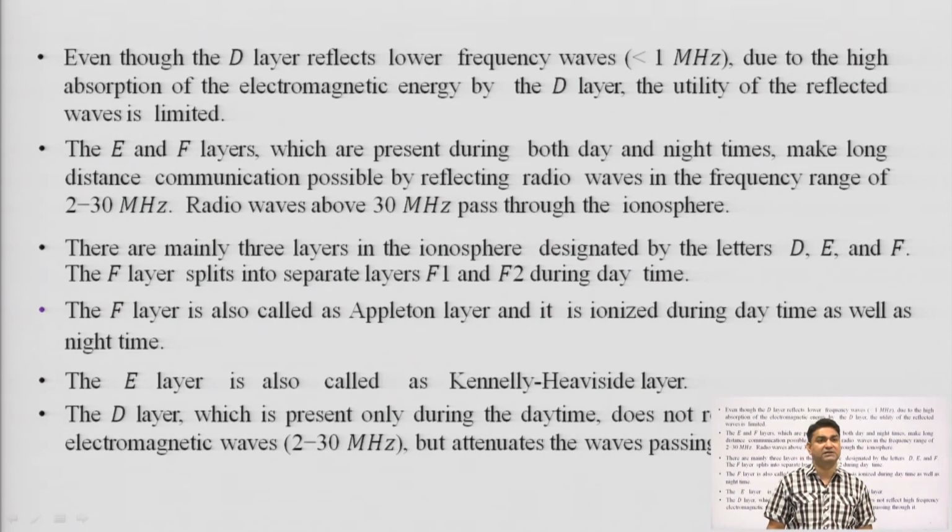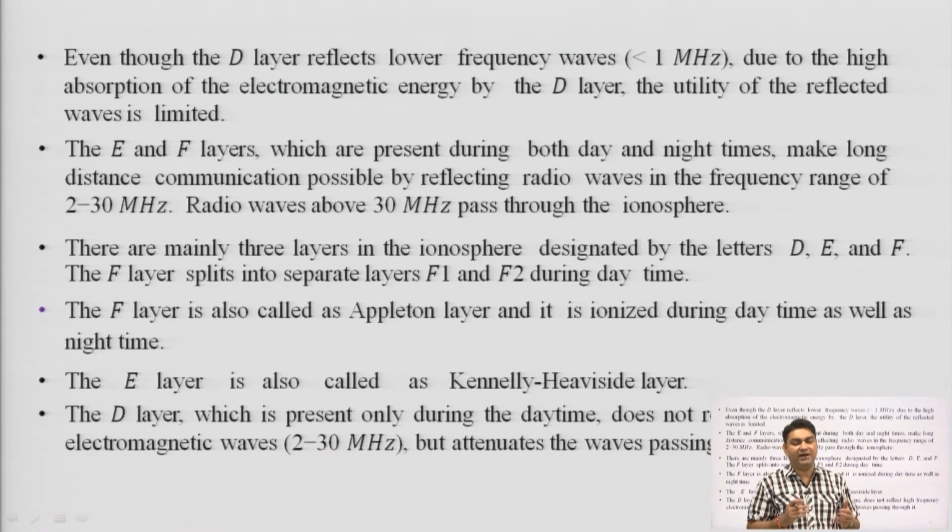The D layer reflects lower frequency waves; it is at the lowest height of the ionosphere, so its electron density is very much less at those heights.